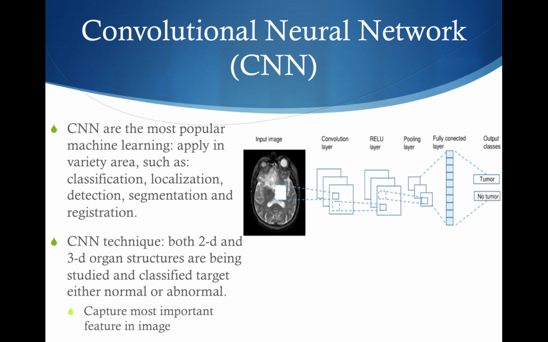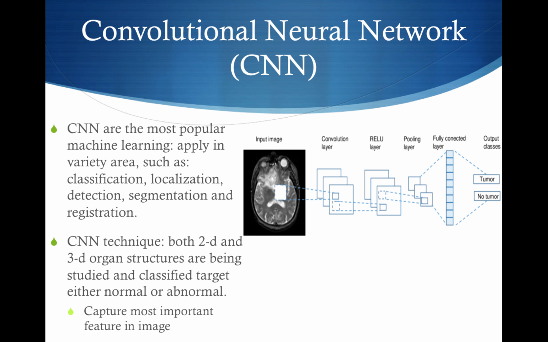First of all, as everyone knows, the convolutional neural network, which is CNN. CNN is the most popular machine learning model and is applied in a variety of areas such as classification, localization, segmentation, and registration.